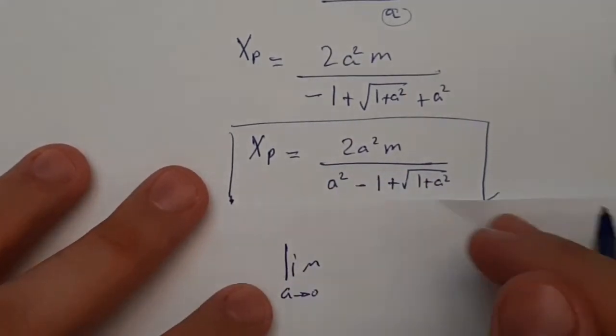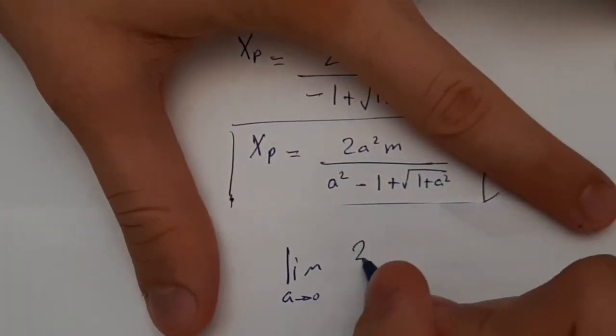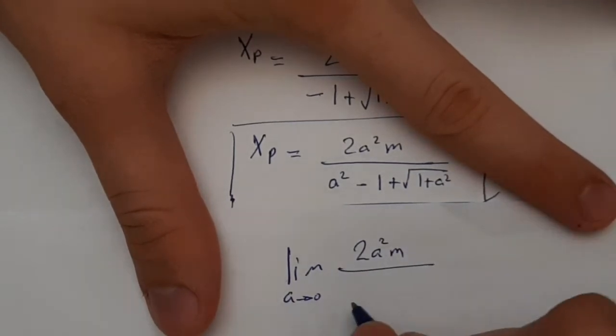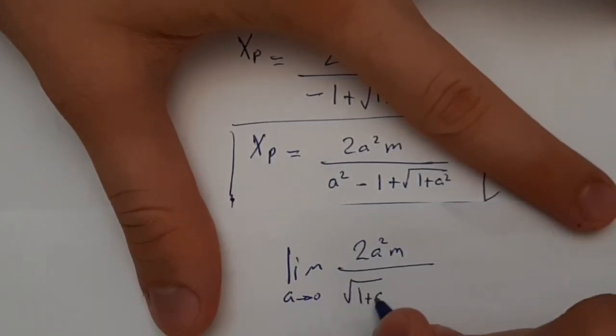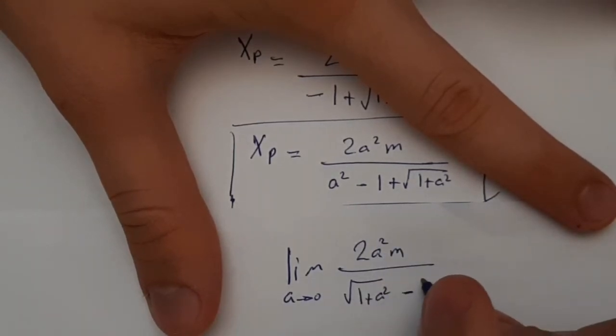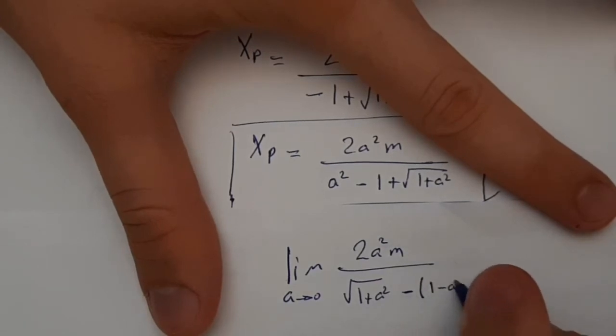So look how I'm going to write it now because it's important. Now this part is limit solving. So square root of 1 plus a squared, now I'm going to say it is minus 1 minus a squared.